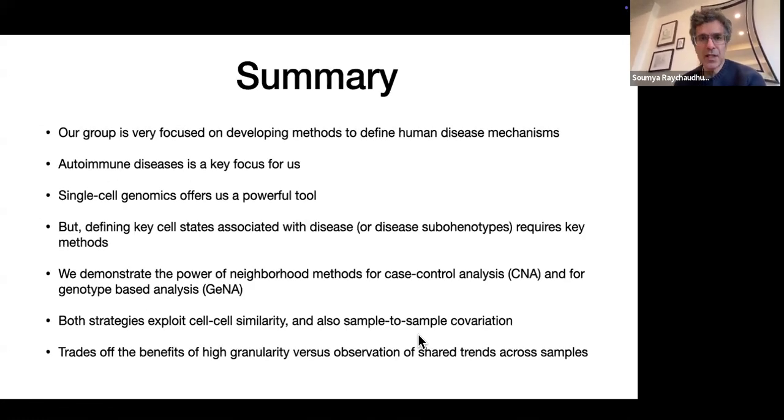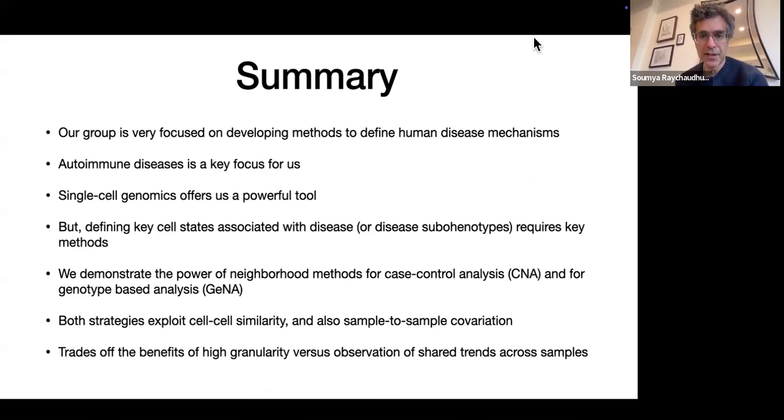So to summarize, before I stop, our group is very focused on developing methods to define human disease mechanisms. Autoimmune diseases are a key focus for us. Single-cell genomics, we think, is a powerful tool. Defining key cell states associated with disease or disease subphenotypes is something that's important, that we're using single-cell genomics for.